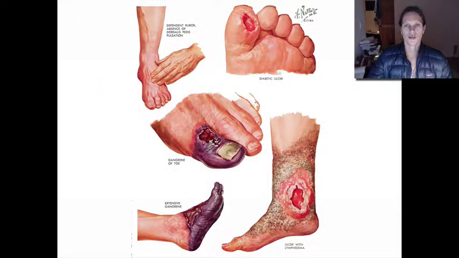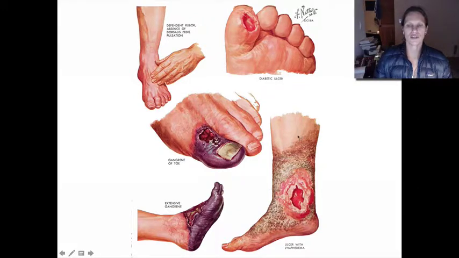They also get a lot of nerve damage, neuropathy. I think I'll have a slide of that in a minute. But because of the vascular damage, their circulation tends to be bad and their nerves tend to be bad. And so they have an increased risk of wounds that won't heal. And that's what you're seeing here, right? This is the beginning of a diabetic foot ulcer that oftentimes can get gangrenous, right?